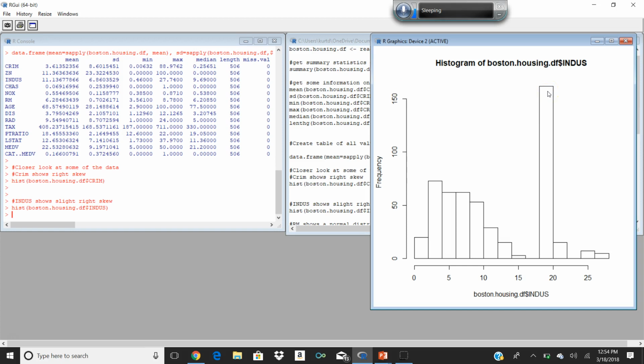Again, it could be. It could be that there's just that many neighborhoods that have that level of non-retail, non-residential land. But probably not. That's probably an error. And we're probably going to want to go in and figure out what that looks like and see where that came from. Anyway, it's something to be suspect of because it does look a little weird.